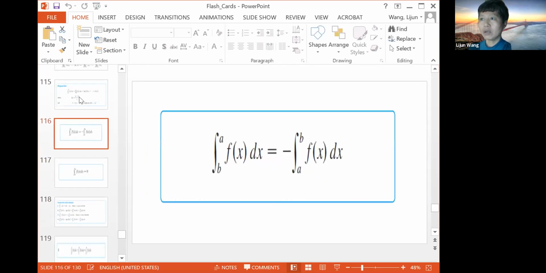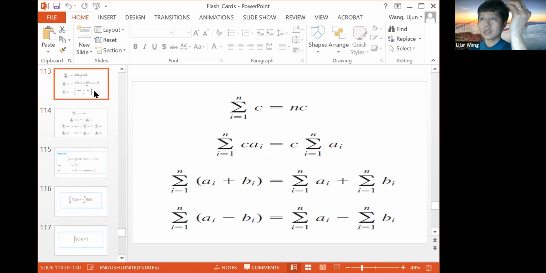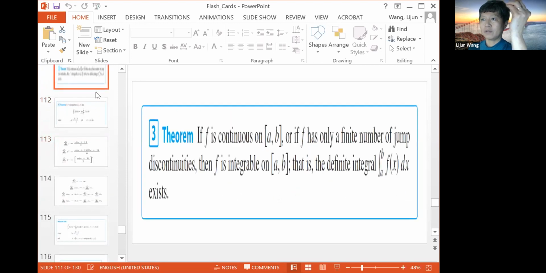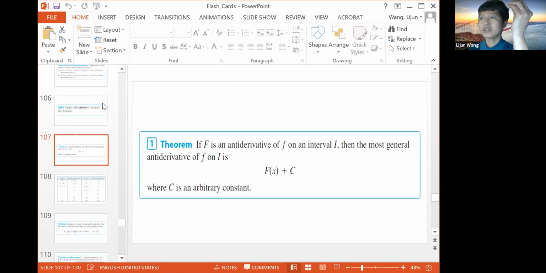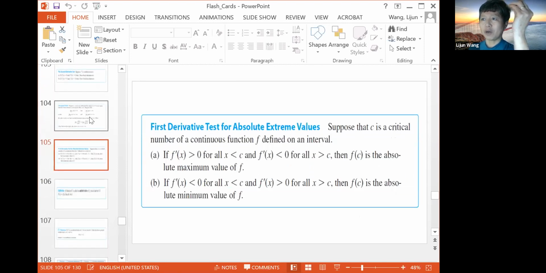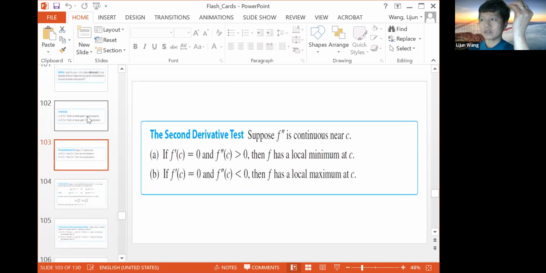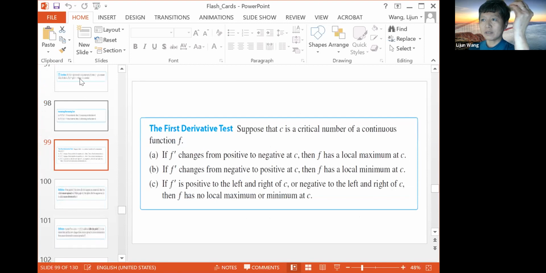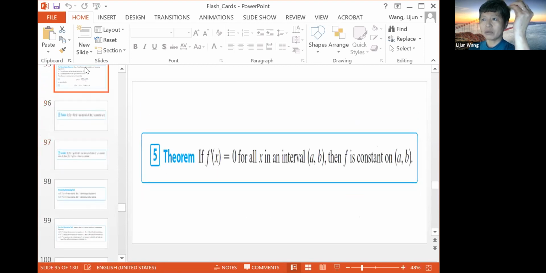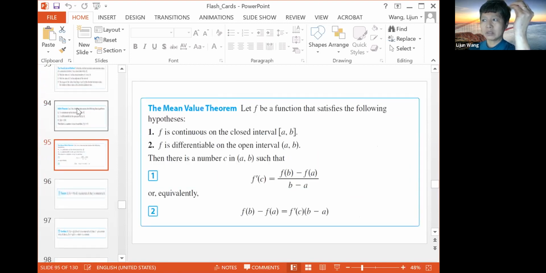All of these theorems, definitions, and so on and so forth, you are going to learn in calculus. And every single day, these theorems and definitions will show up in your classroom on the board.